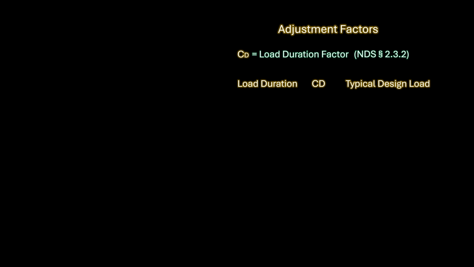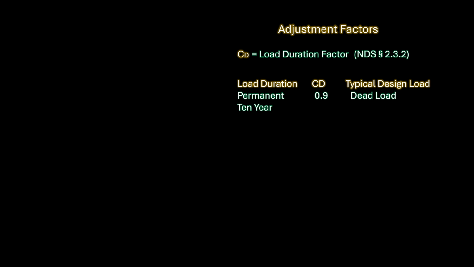The first adjustment factor that we will consider is the load duration factor. This factor is defined in Section 2.3.2 of the NDS. This factor captures the fact that wood has the property of carrying substantially greater maximum loads for short durations than for long durations of loading. The load duration factor for permanent dead load is 0.9.